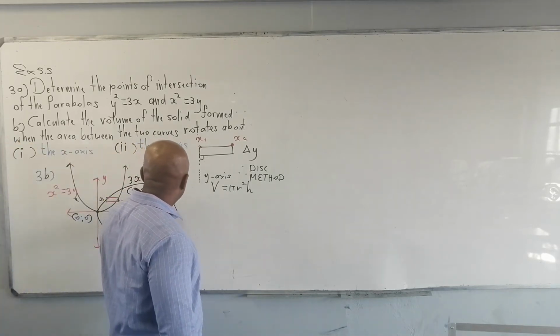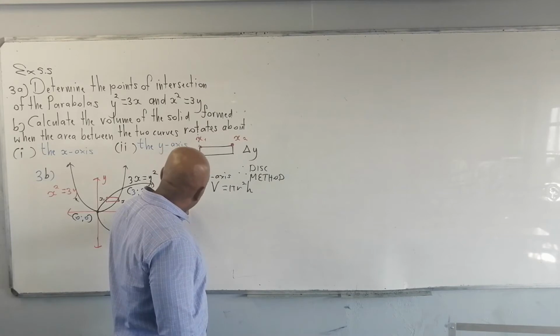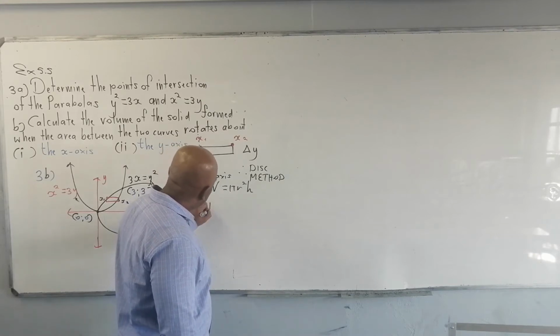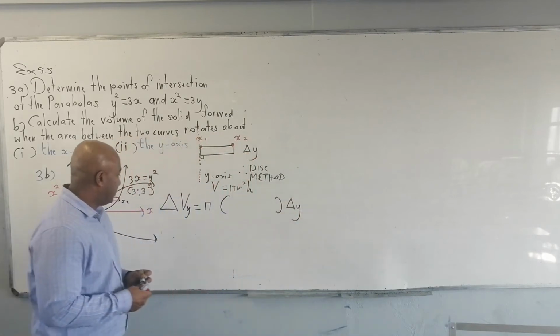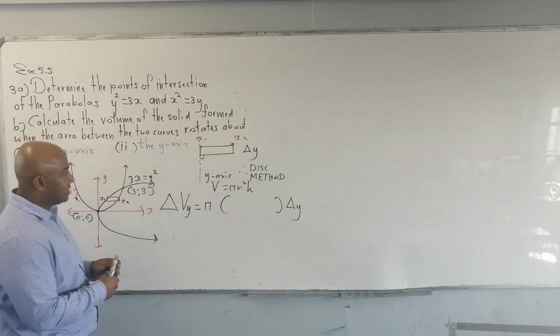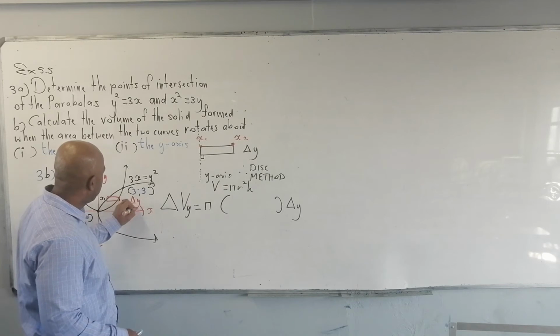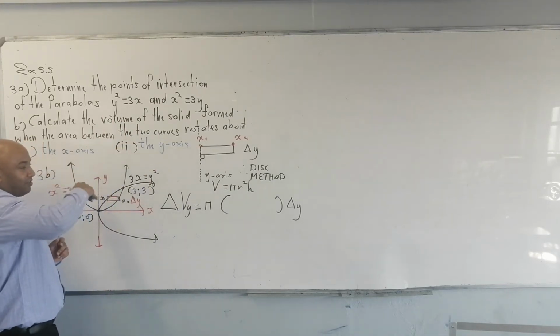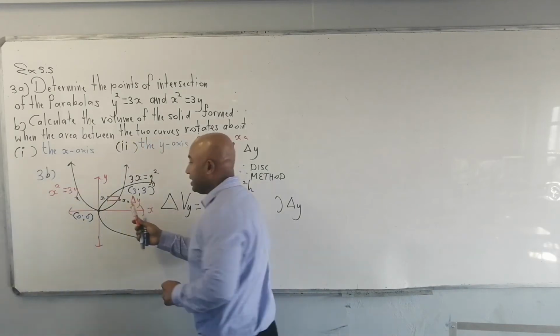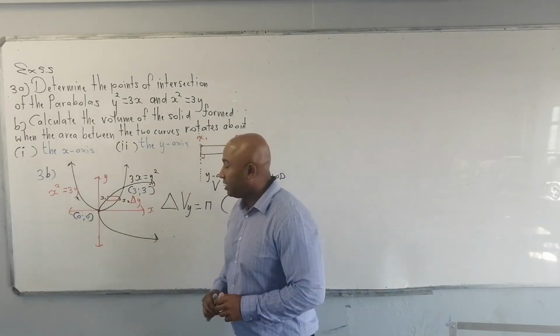So we're going to go delta V y is going to equal pi, and you got your delta y. Right, so you know that this is obviously delta y. So what you're doing is the graph on the right, subtract the graph on the left. So what's on the right is x2, what's on the left is x1.